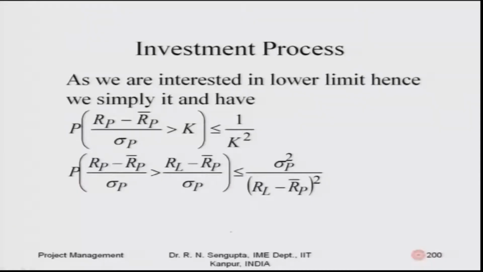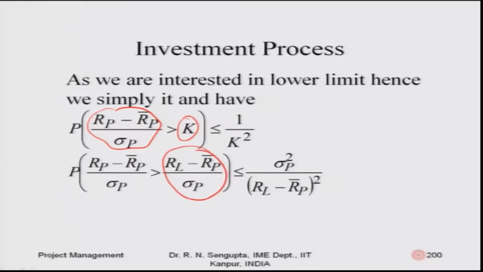So, as we are interested in the continuation of Chebyshev's inequality, as we are interested in lower limits, we simply simplify it and we have this formula. What I am doing is basically normalizing them. If I consider this RP minus RP bar, I am putting the k value like this. So, this is a normalized value.